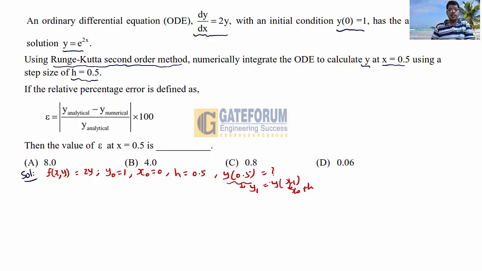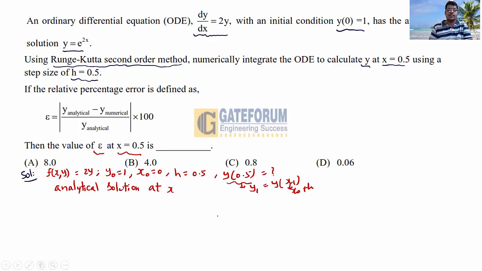First of all, we need to calculate y analytical solution at x is equal to 0.5, they are asking at x equal to 0.5. But we need to find at x equal to 0.5 the numerical solution as well as the analytical solution.